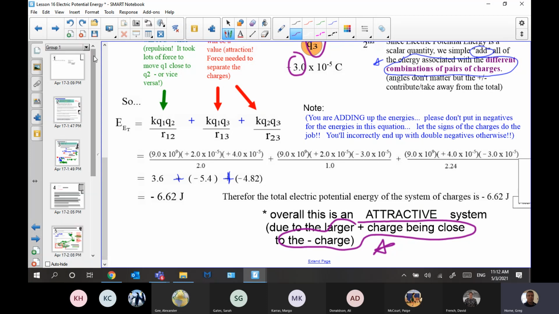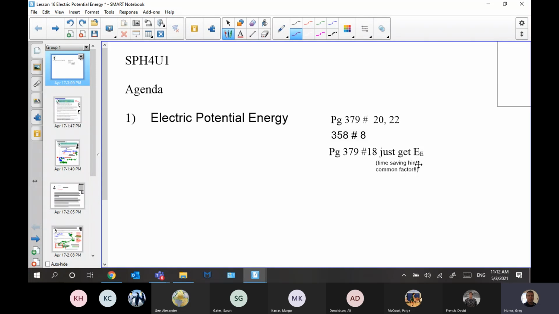In this question in the homework, it's a huge benefit because the charges are all identical. So you can actually common factor out the K and both the Q's out front and only type 9 times 10 to the 9 and whatever the number is, 3.2 times 10 to the negative 6, and so on and so on. Type those in once only. That's a huge time saving hint.